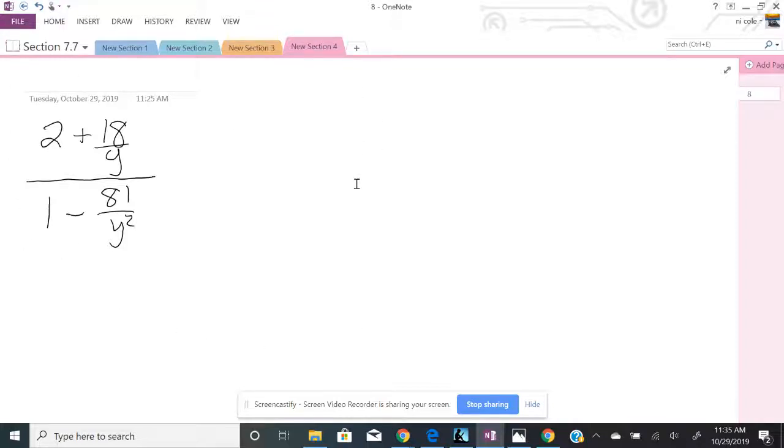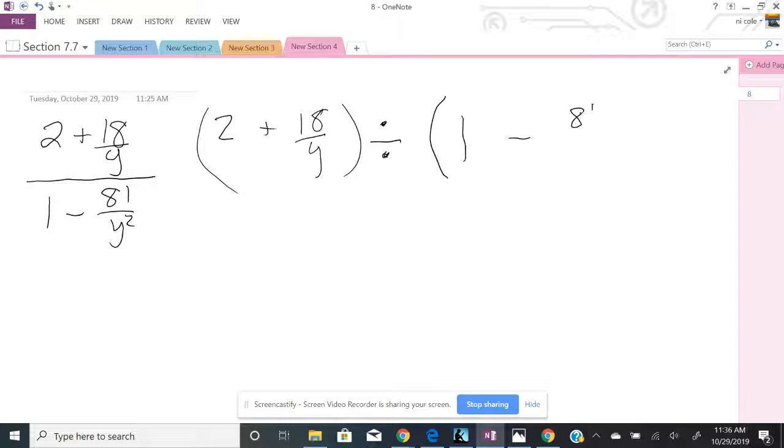Again, here's another one. Okay, so this is, remember, 2 plus 18 over y divided by parentheses 1 minus 81 over y squared. Okay, I need to be able to add these, so I need to make a common denominator, put this over 1, multiply top and bottom by y.